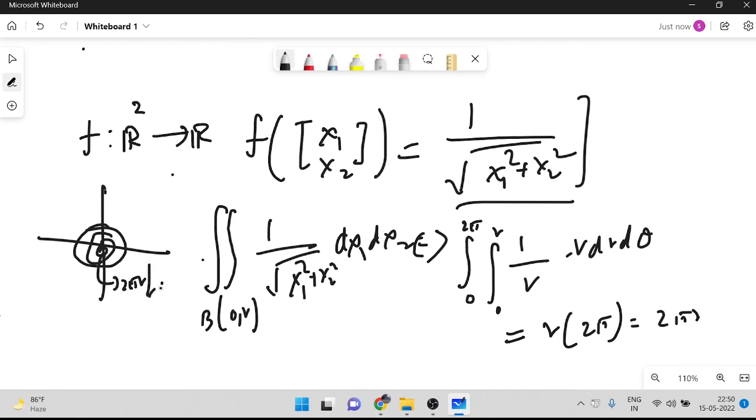As r goes to 0, the integral also goes to 0. So this is a locally integrable function.